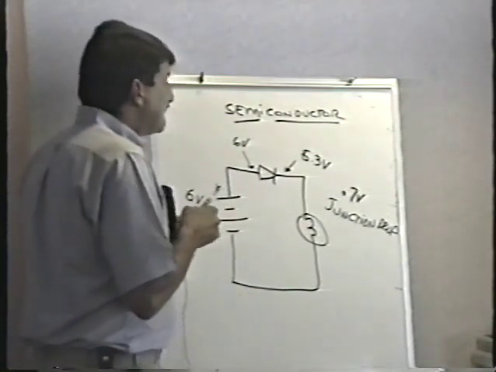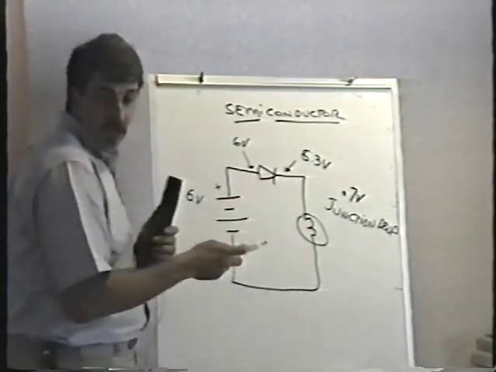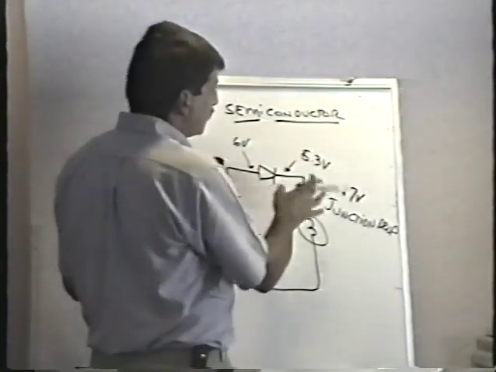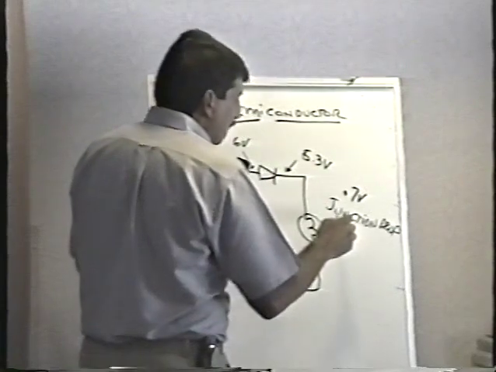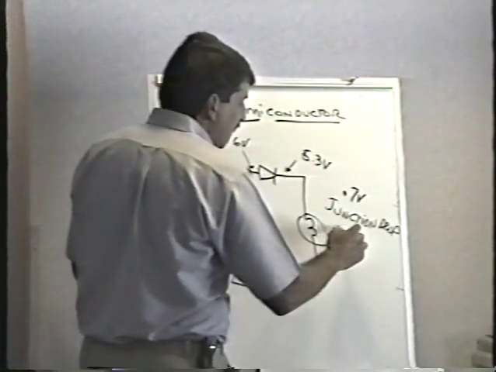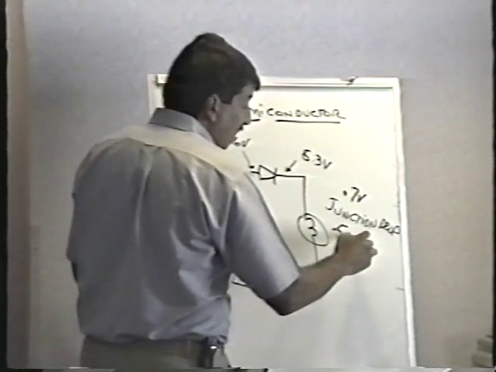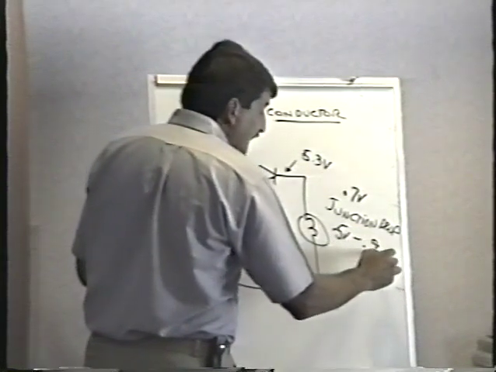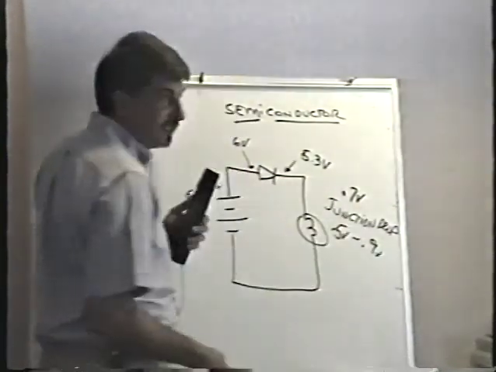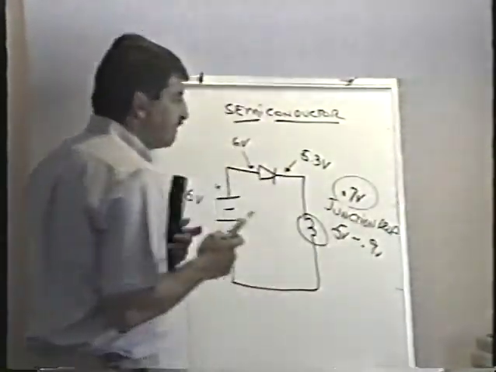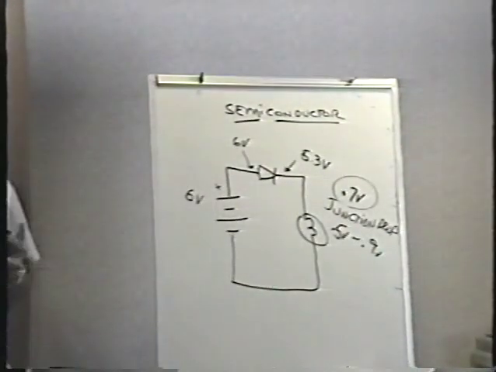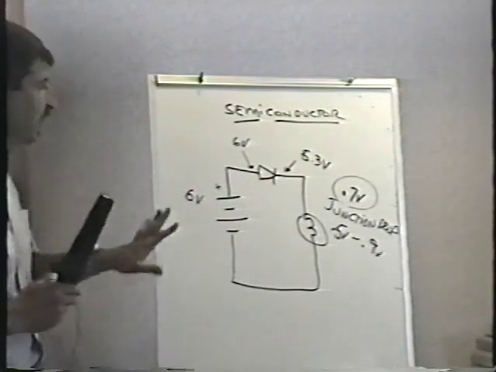Now, when I say it takes 7/10 of a volt to operate the junction, to operate the diode, 7/10 of a volt is used up across it, that's really an average reading. It will be somewhere between, usually, 0.5, a half a volt, to 9/10 of a volt. Obviously, 7/10 is exactly right in between. 7/10 of a volt is the term the engineers use when they're talking about what we call the junction drop of a silicon diode.